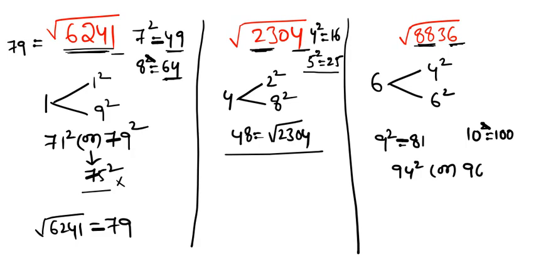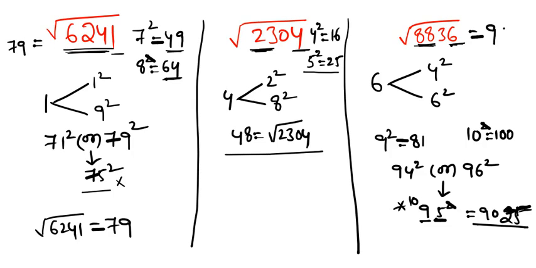Again in between we have 95, where 5 square is 25 and 9 tens are 90. The given value is less than 9025, so the answer for this one will be 94.